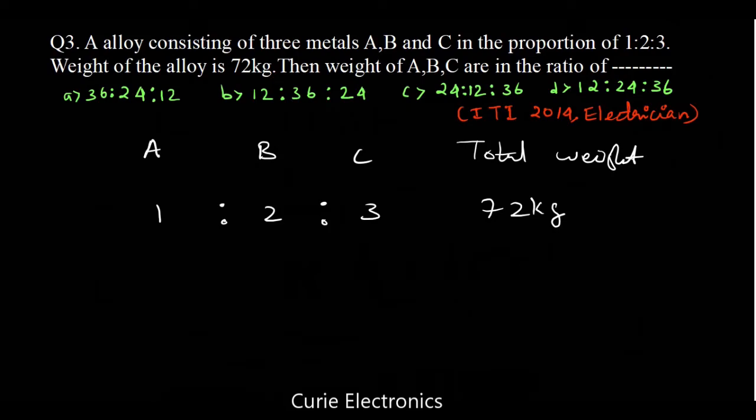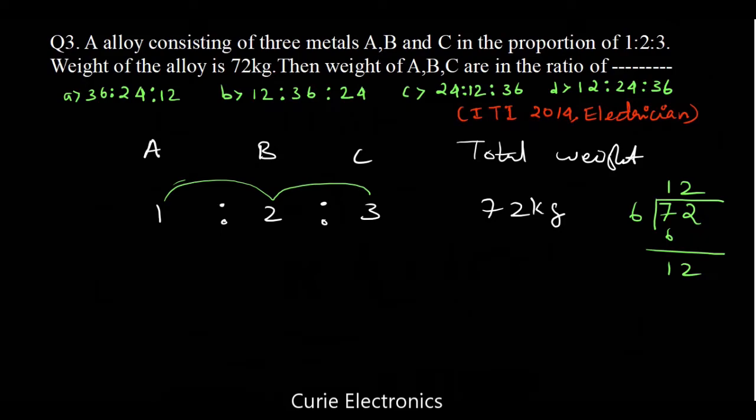Now if we see here, we can add these three numbers. 1 plus 2 plus 3, so we'll get 6. So what you have to do, you have to write 72 upon 6, the total sum of these ratios, that is 6. We will get 12, 2 times 6 is 12.